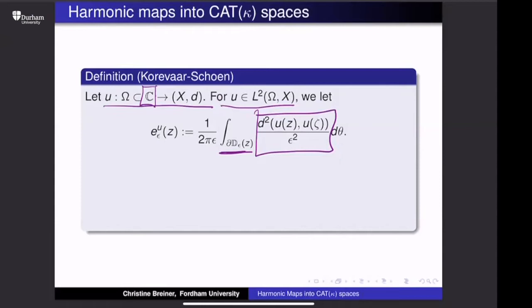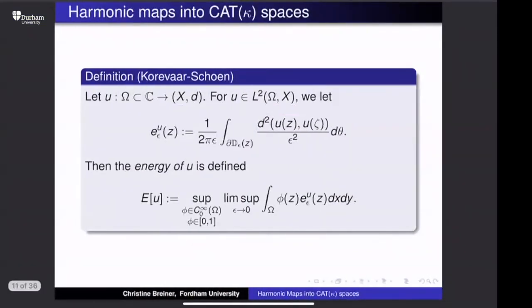If X is just the real line, then you get back the norm of the gradient squared, norm grad u squared. So it corresponds to what you should get if your target were the reals. So this is how we start, and then they define energy by looking at these linear functionals. So you think of this epsilon energy density measure.